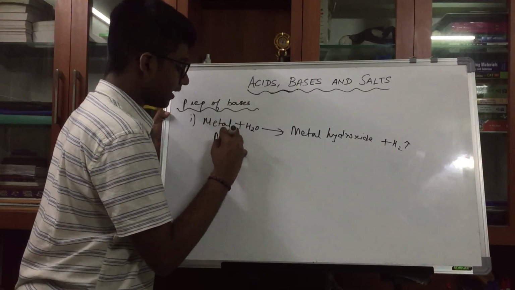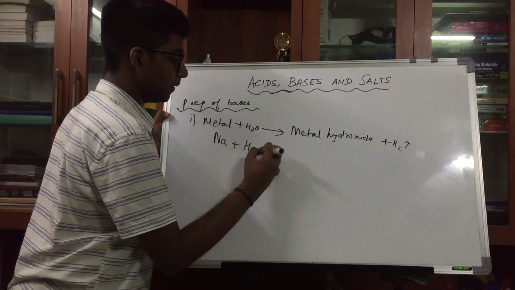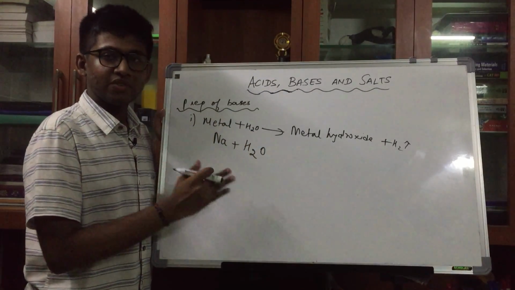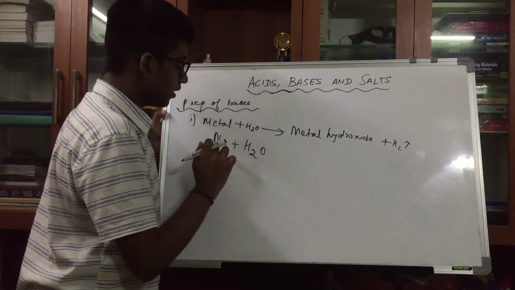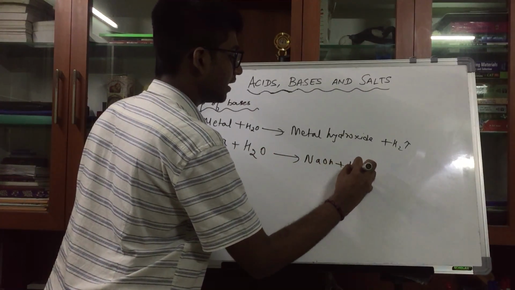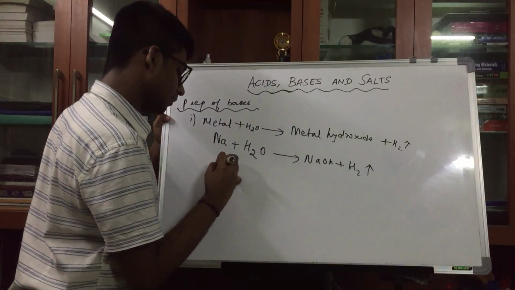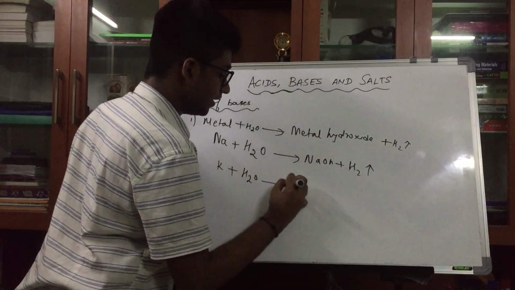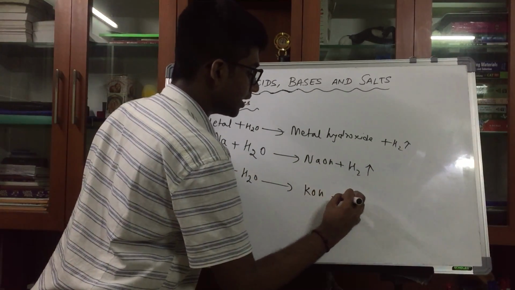Let's take Na, the most common example, and make it react with H2O. The reaction will not be balanced, as I told you before. So Na plus H2O will give you NaOH plus H2. Likewise, potassium plus H2O will give you KOH plus H2.